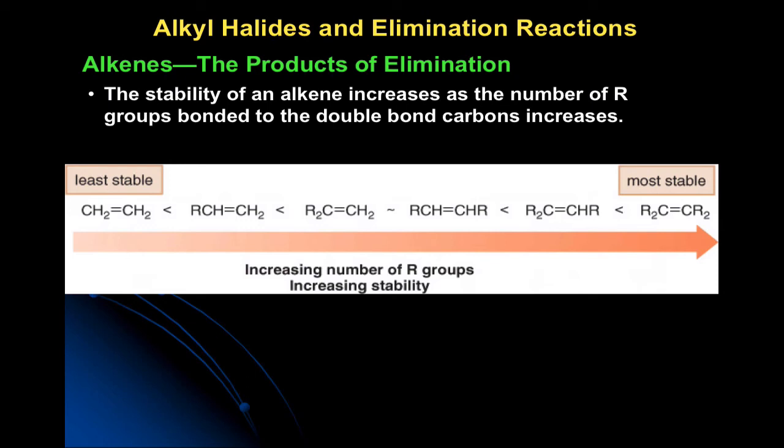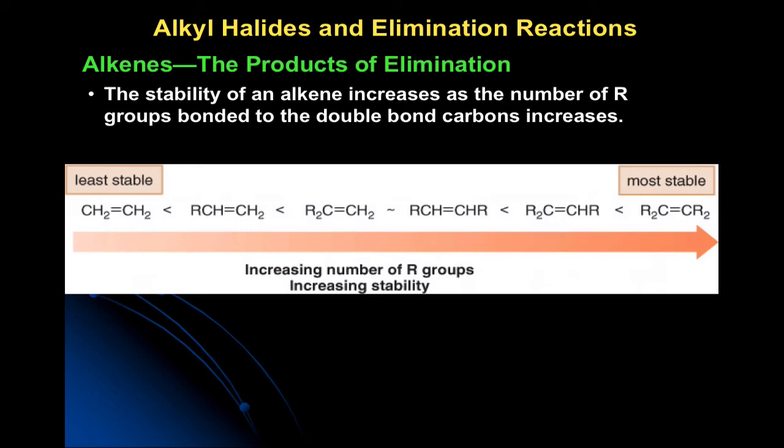Not all alkenes are equally stable. The more substituents you add to an alkene, the more stable that alkene becomes. Okay, so something like ethene, which has no substituents, is less stable than a monosubstituted alkene, which is less stable than a disubstituted alkene.